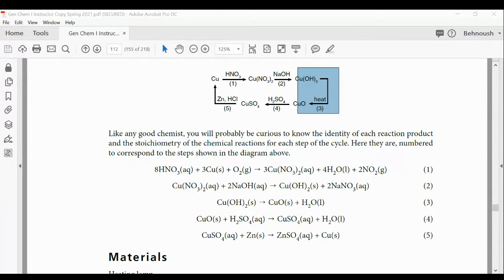Like if you have N3 minus, that's the azide ion. We know nitrogen gas is very stable, so nitrogen gas can leave. That would be considered one of the products of decomposition. For copper hydroxide, we don't have carbon dioxide, nitrogen gas, or ammonia gas.